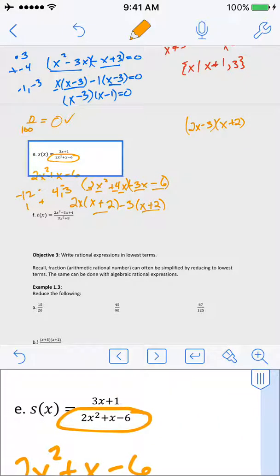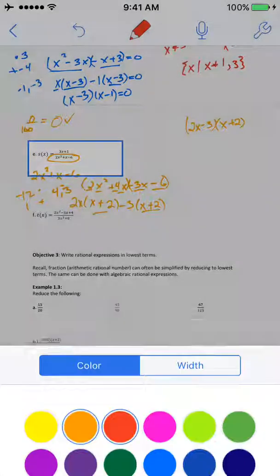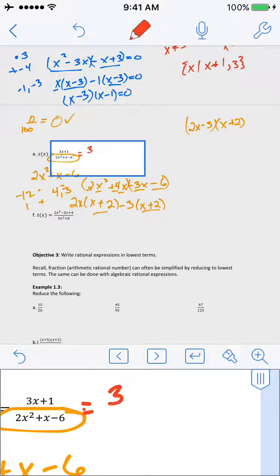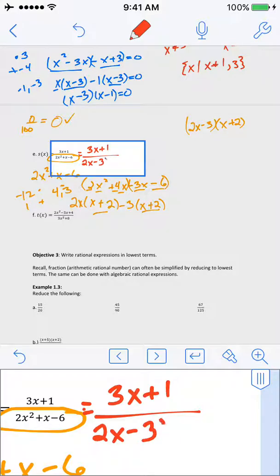Alright, so I can rewrite this guy. Instead of what it looks like right now, I can rewrite it as 3x plus 1 over 2x minus 3 times x plus 2. I've factored the bottom. Now it's nice and linear, right? If it's linear, it's much easier to work with when I'm trying to find the domain.